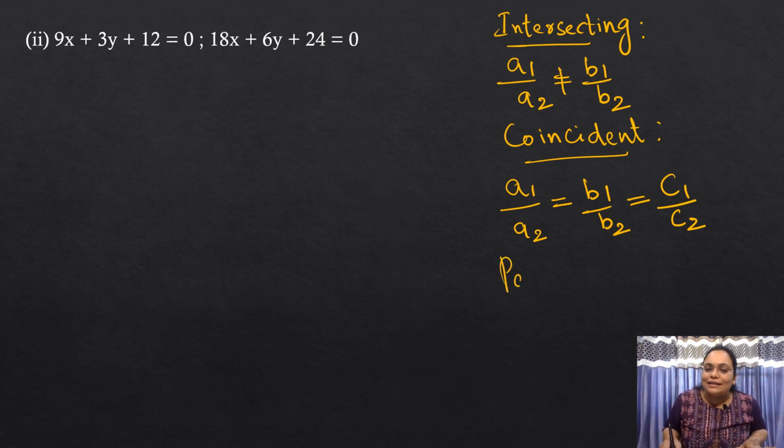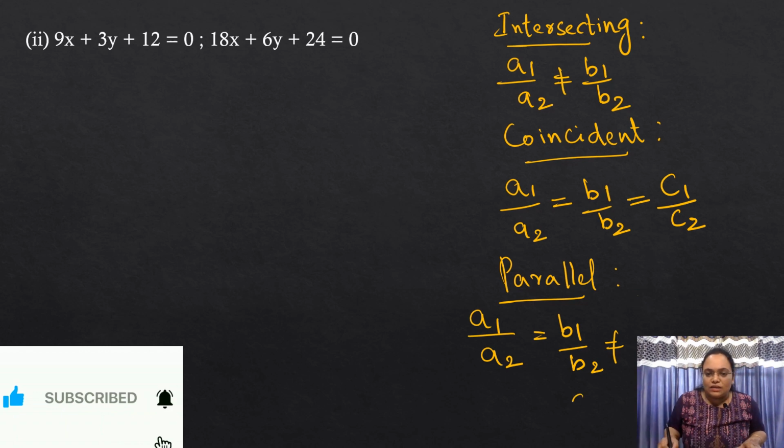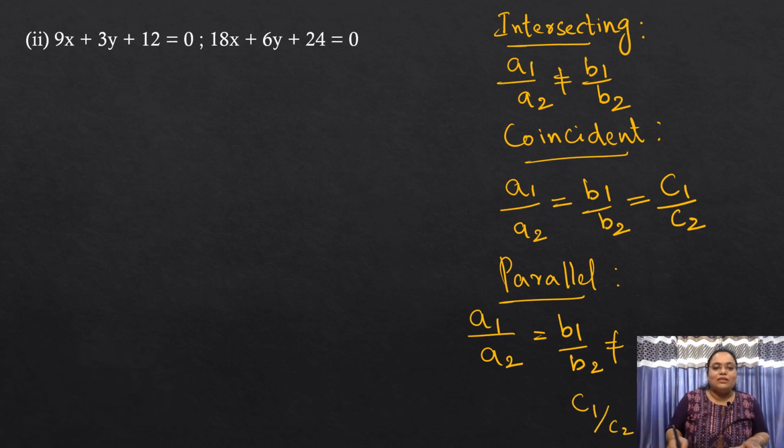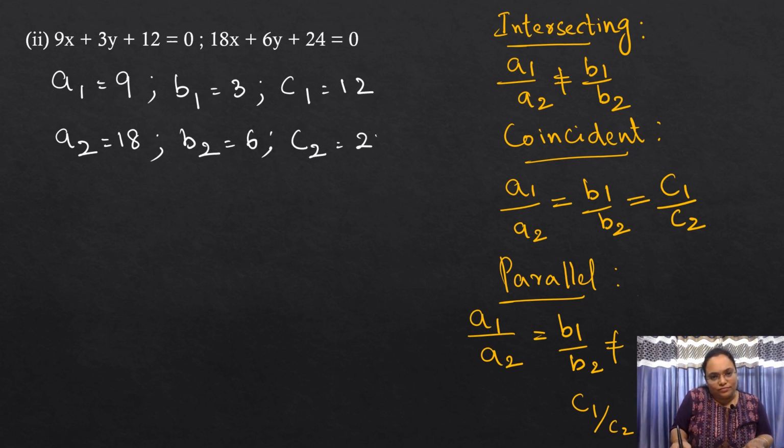And for the parallel, it is A1 by A2 is equals to B1 by B2 is not equals to C1 by C2. So from the given equations, what is A1? A1 is 9, B1 is 3 and C1 is 12. A2 is 18, B2 is 6, C2 is 24.